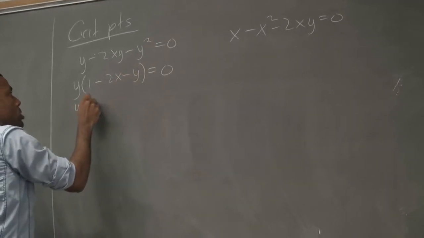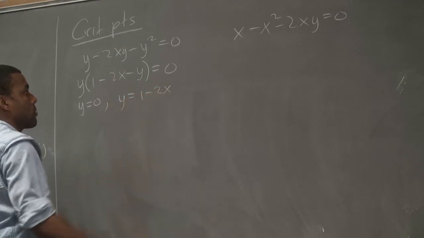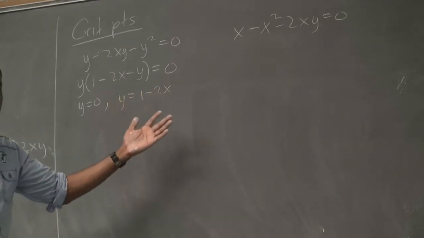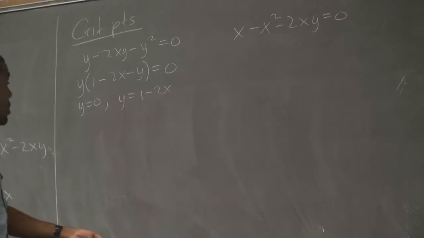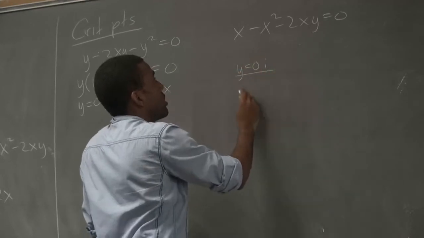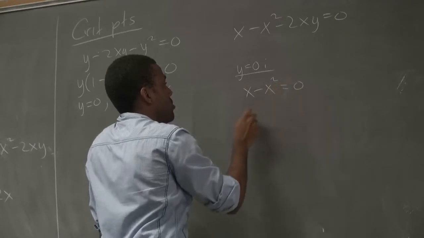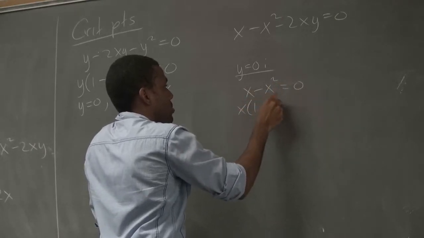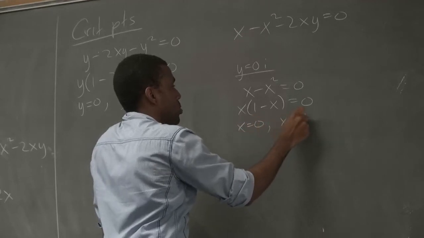Here I have y equals 0 or y equals 1 minus 2x. I'm not rejecting anything, because I never said they have to be positive, so I'm keeping all the values. Now if I plug y equals 0 into the other equation, I get x minus x squared equal to 0, so x equals 0 or x equals 1.